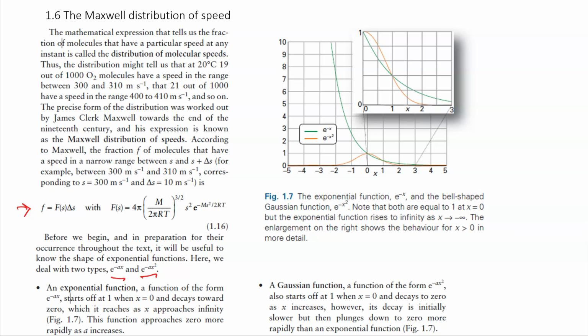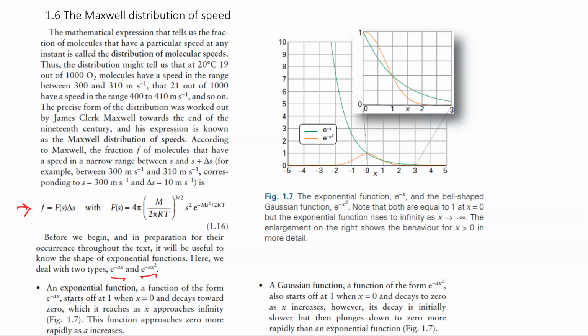The difference is that we're going to have an exponential function and a Gaussian function. An exponential function is a function of the form e to the power of minus ax. It starts off at 1 when x equals 0 and decays towards 0, which it reaches as x approaches infinity.